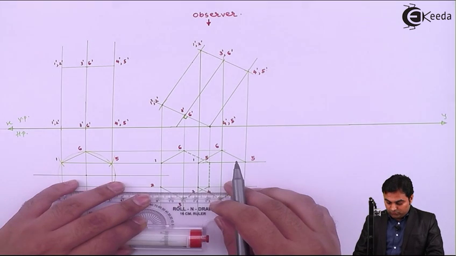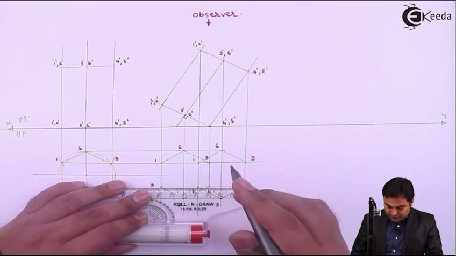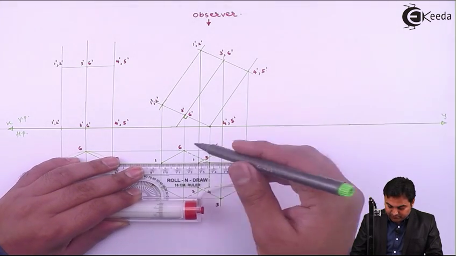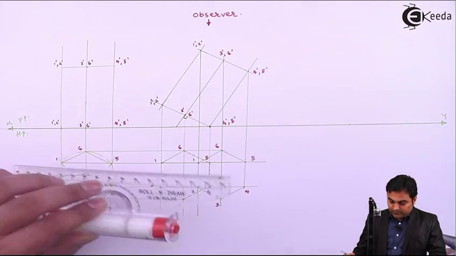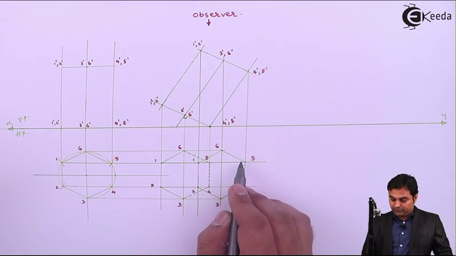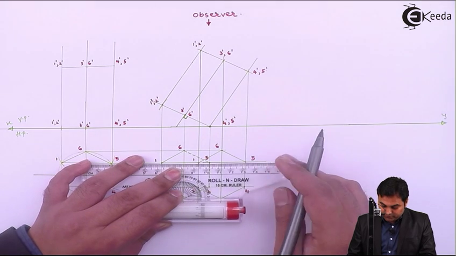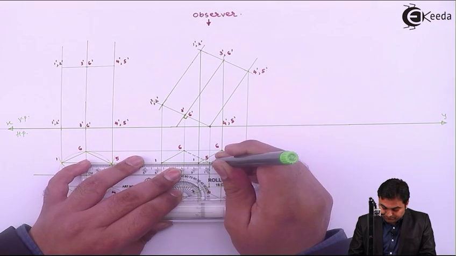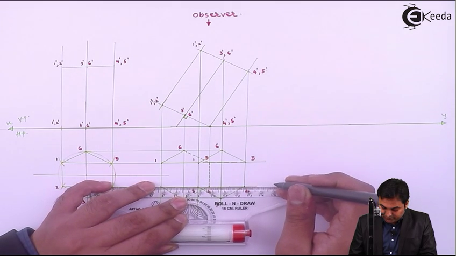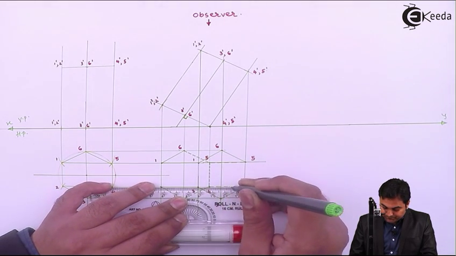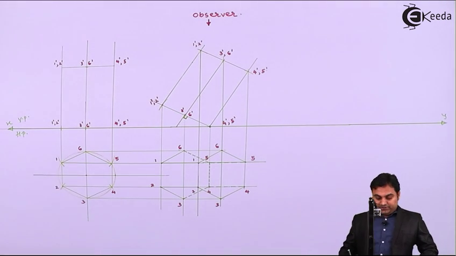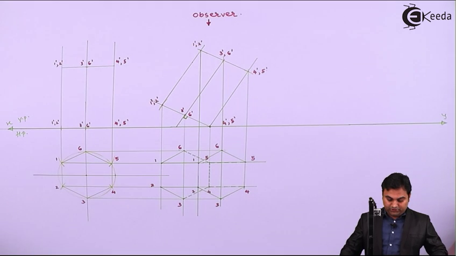Now 2 and 2 dash will be joined because it is a complete edge. Similarly 1 and 1 dash will be joined. Then 5 and 5 dash, that will also be hidden, so it will be dotted. Similarly 4 and 4 dash will be dotted. Now after reaching up till here, I'll plot the axis as well.